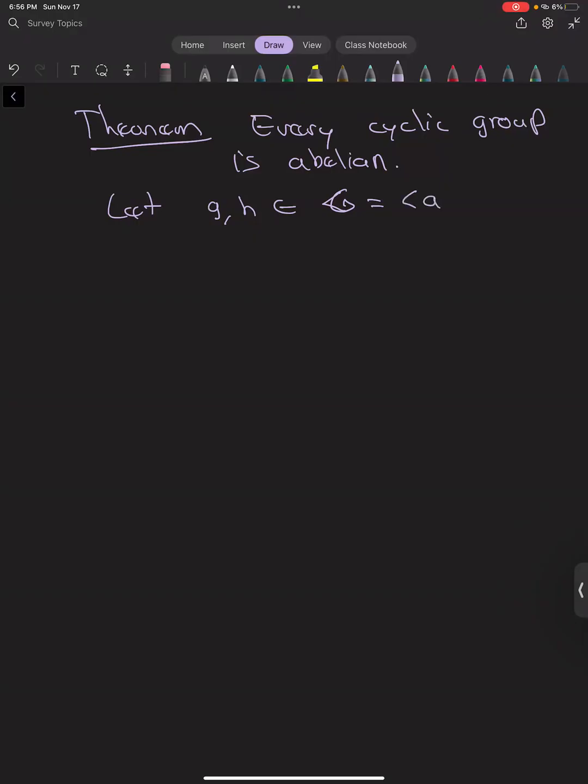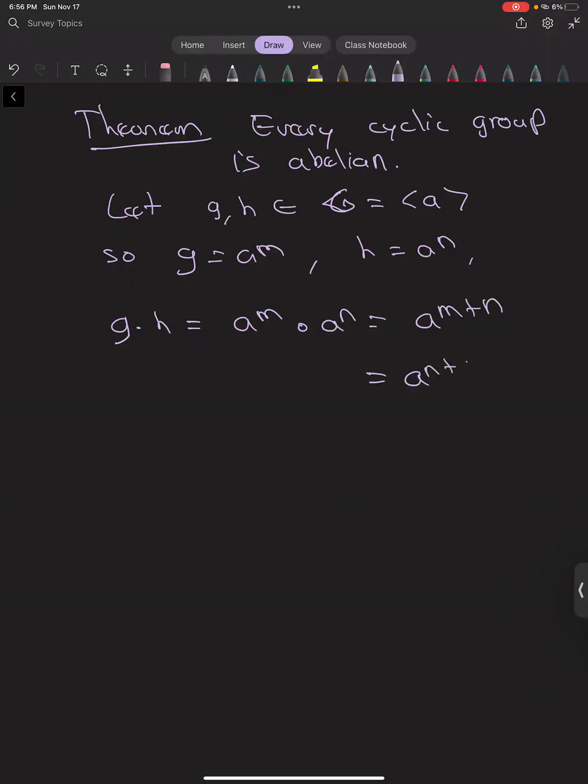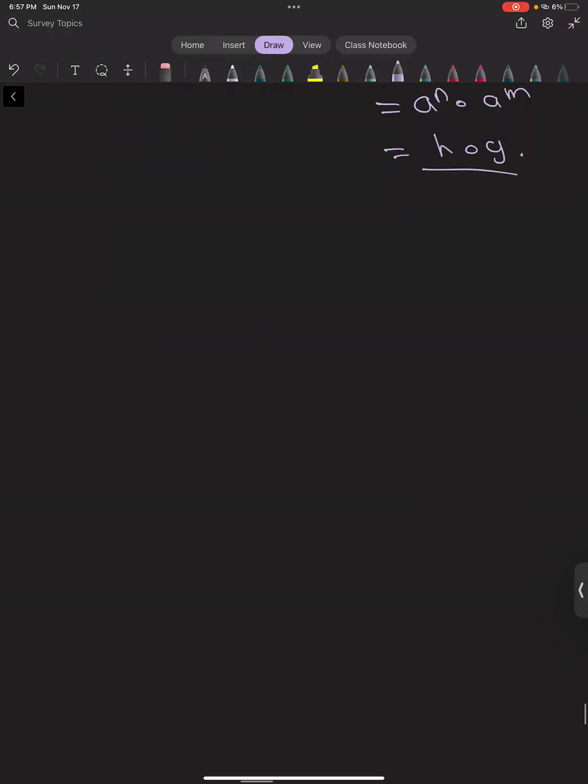So let's say G equals A to the M, H equals A to the N, and G compose H is A to the M compose A to the N, and this is A to the M plus N. But you can write it like A to the N plus M, and you can write it like A to the N compose A to the M, and this is just H compose G. So it's abelian. That's what people love, these cyclic groups.